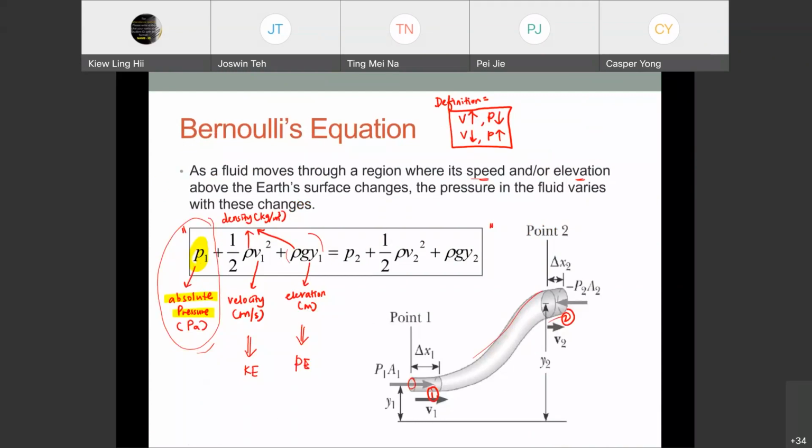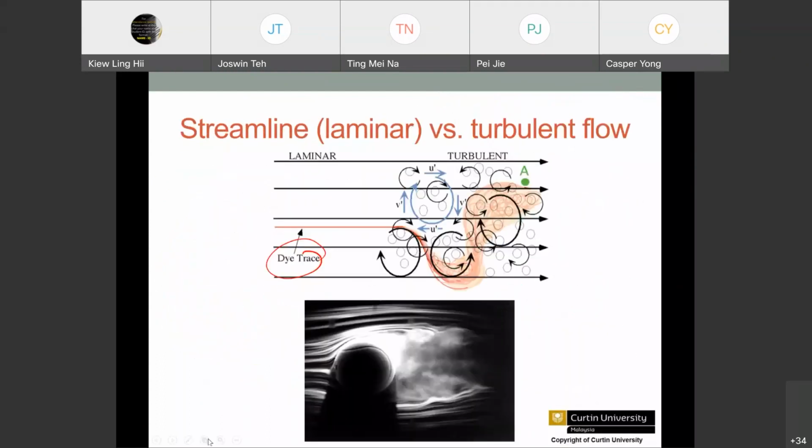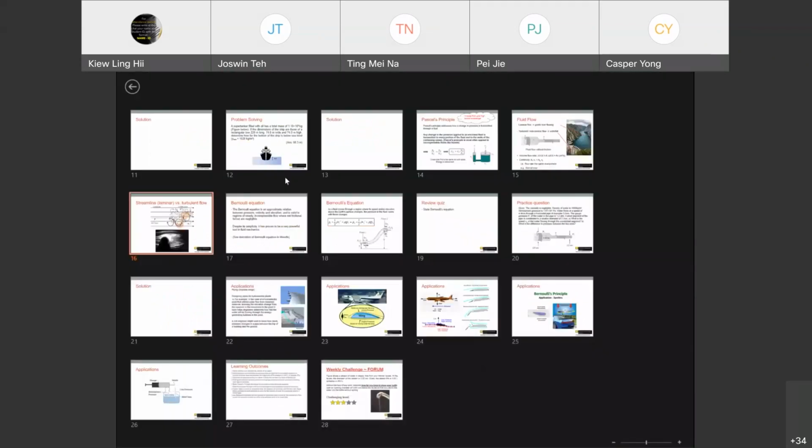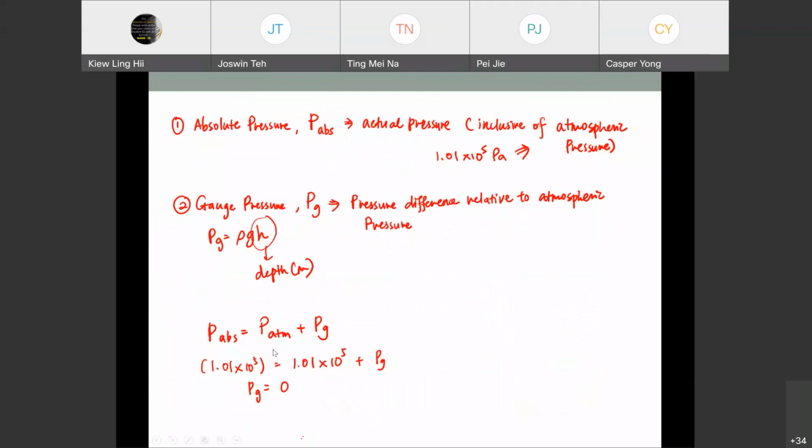So what is the formula for absolute pressure from our earlier explanation, or from what you learned in your previous semester? Absolute pressure equals gauge pressure plus atmospheric pressure, because that is the actual pressure you are experiencing. Okay, what is the next question?